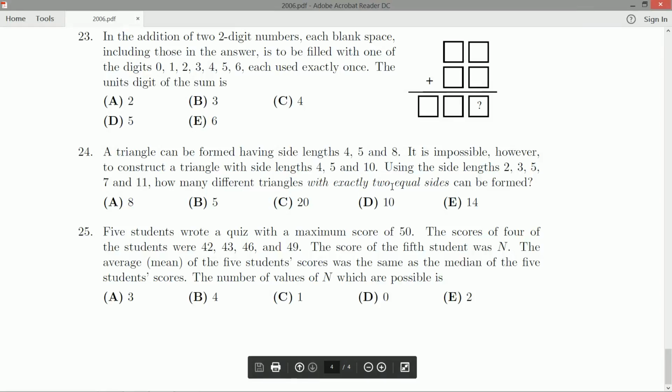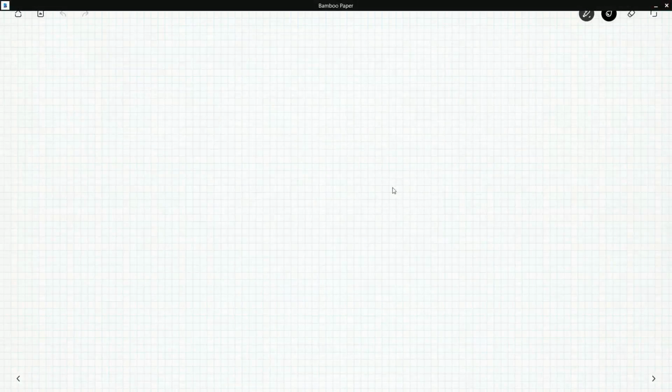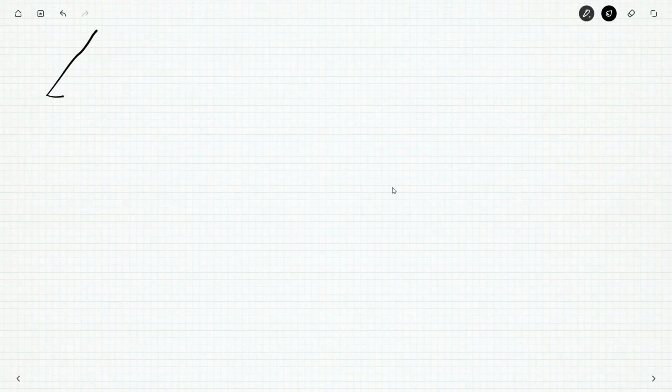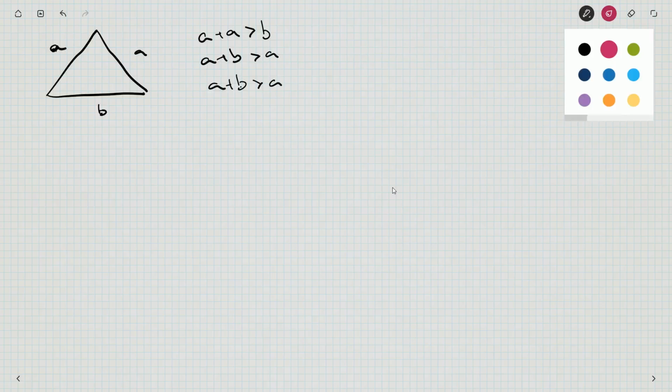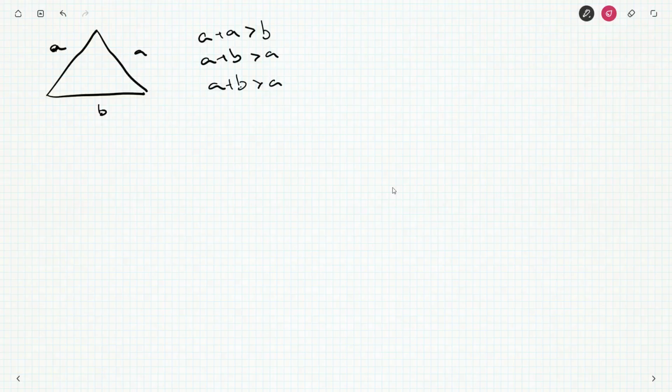We are specifically being asked about triangles with exactly 2 equal sides. So we're not dealing with an A, B, and a C. We're dealing with isosceles triangles, and they're going to look like A, A, and B. So what do our triangle inequalities amount to? A plus A has got to be bigger than B. A plus B has got to be bigger than A. And B plus A has got to be bigger than A. As long as B is not 0, which of course it's silly to have a triangle whose side is 0, and they didn't even give us that option, these two are automatic.